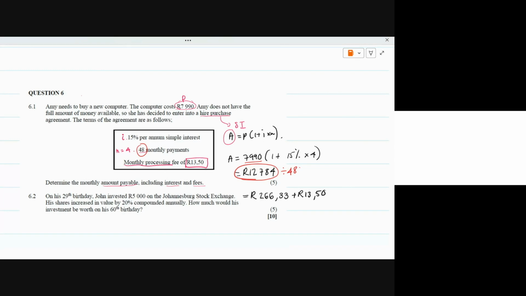Yeah, see, Abu, you did the right things, but your answer didn't come out exactly the way that it needed to. So how much is the final amount that they'll pay every month for the next 4 years? 279 Rand and 83 cents. Okay. Easy enough? Yes, thumbs up. Are we okay with this? Cool.